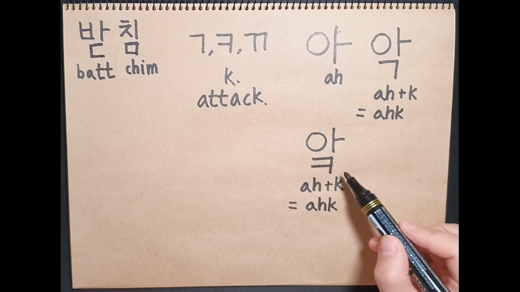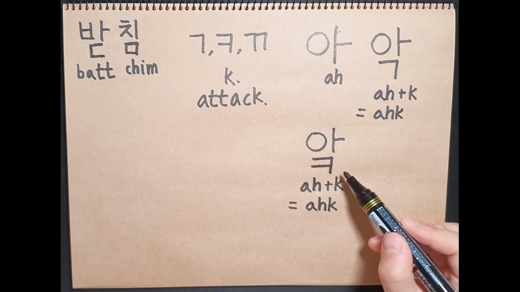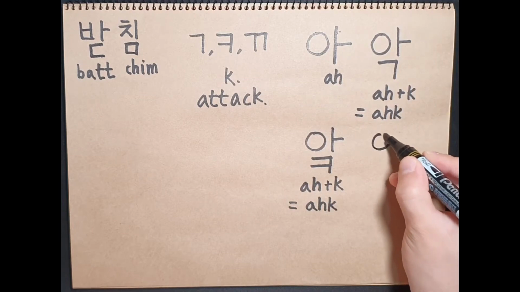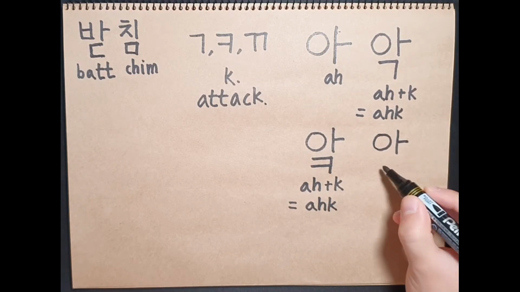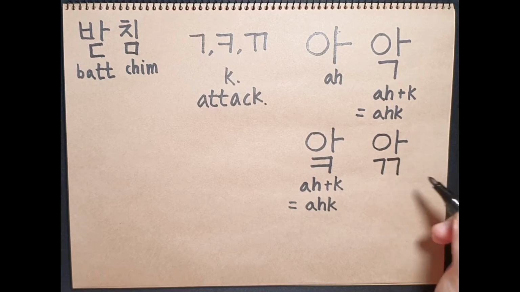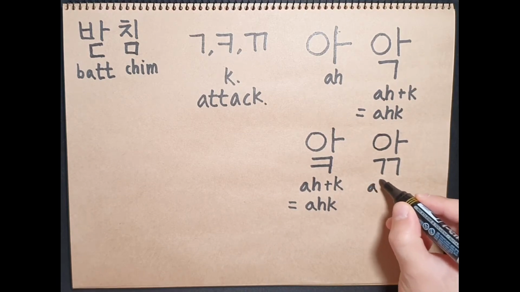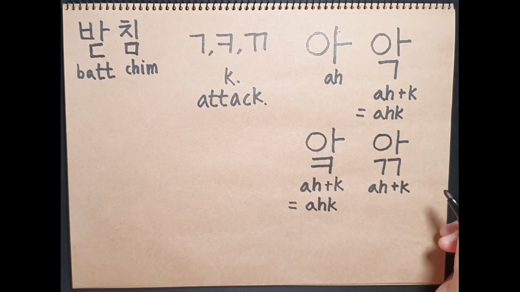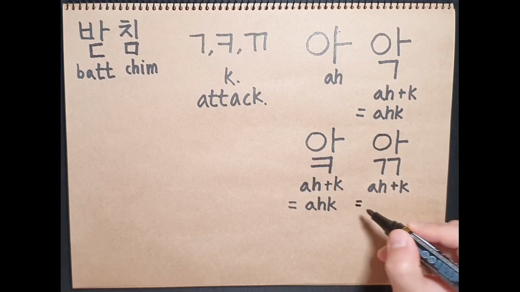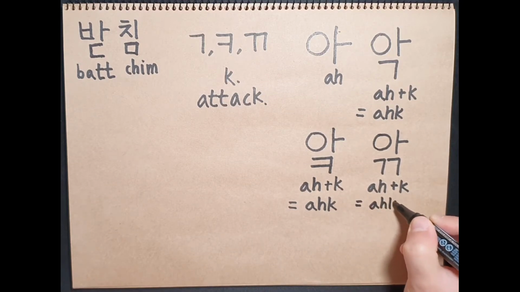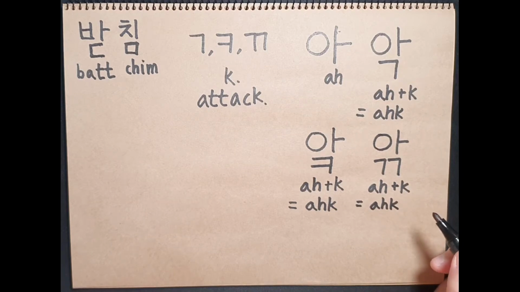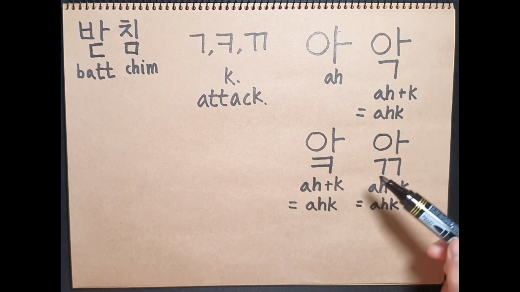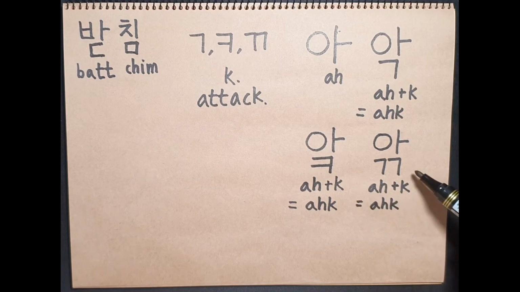So this letter, we can pronounce it ak. Next one, 아 plus 쌍기역, has the same pronunciation. 아 plus K stopping sound. It becomes 악. So this letter, 악, this letter, 악, this letter, 악.